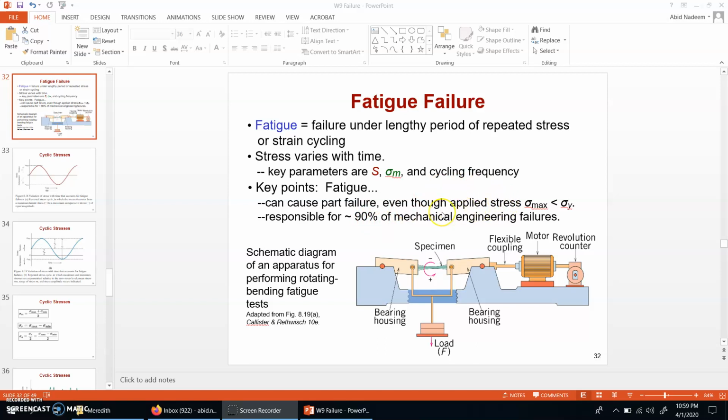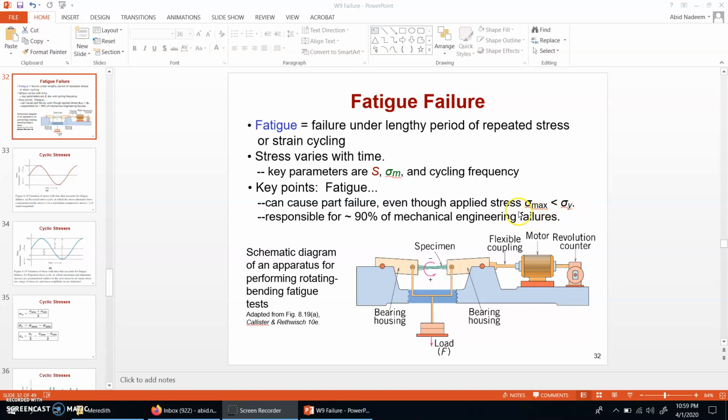Normally when you apply a load on the material and it is increased up to its yield strength, then the stress on the material increases up to the yield strength, then there is a failure.